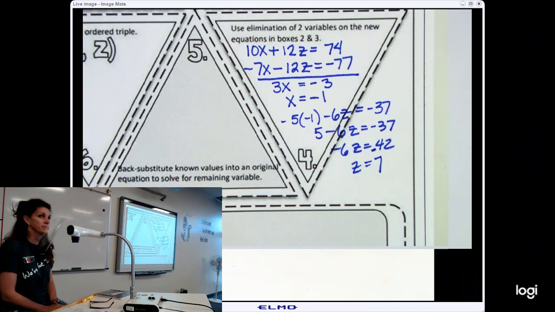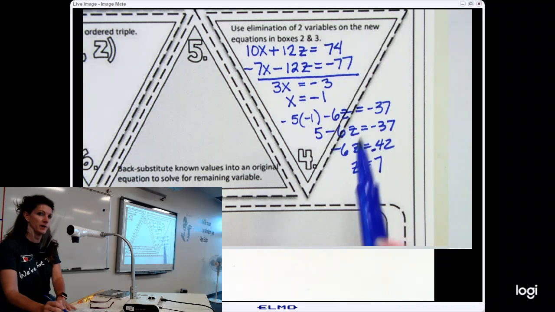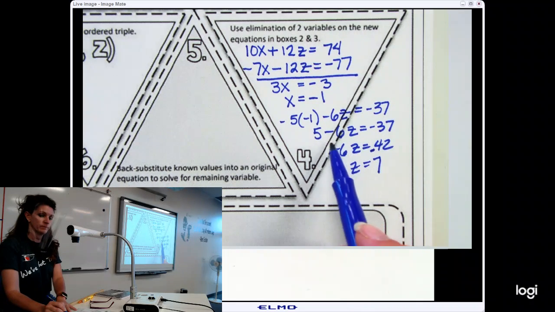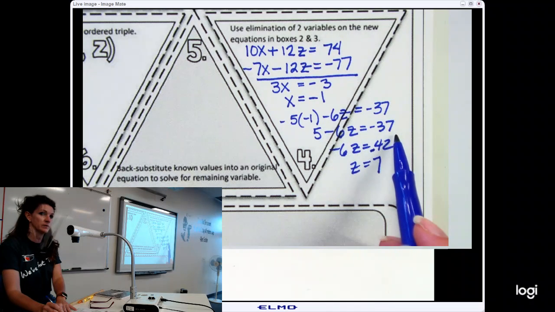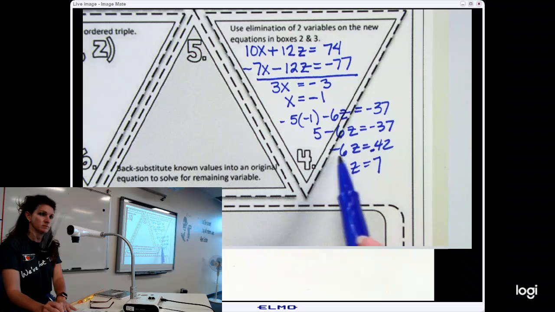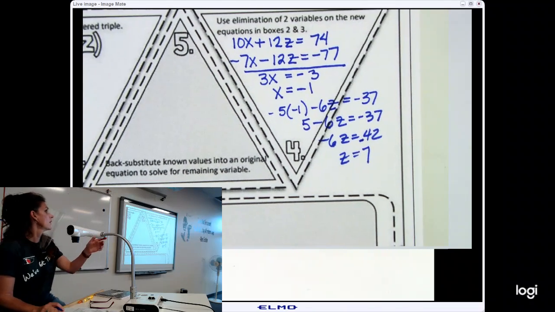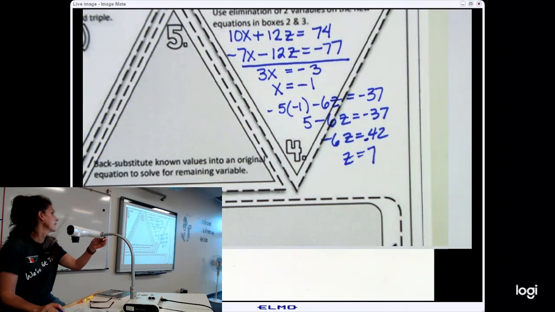Question, Cambry? No, I'm just trying to figure out like what it says. Where, and I'll help you out. Just, yeah, like right there. 5 minus 6z equals -37. Just solving for z down there. Sorry, I kind of went over the line there. I ran out of room.